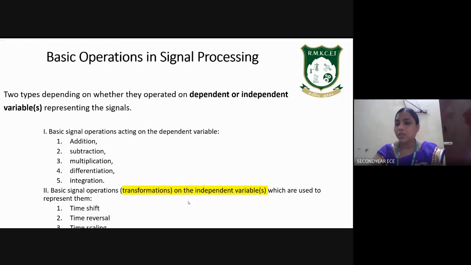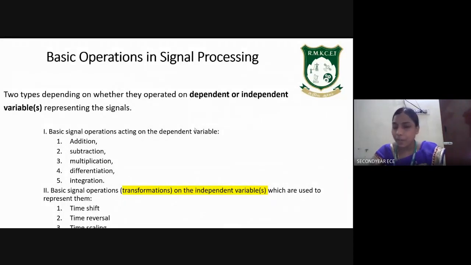For an image, the y-axis value is intensity. So there we will use multiplication. If we multiply and increase the amplitude value, then we will get a brighter image. So like that, we will use these operations on the dependent variable.